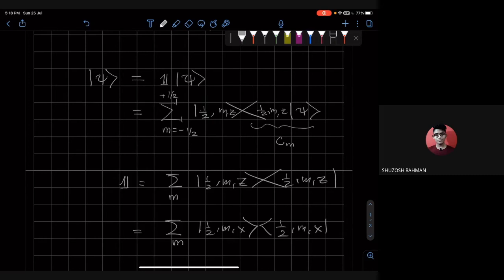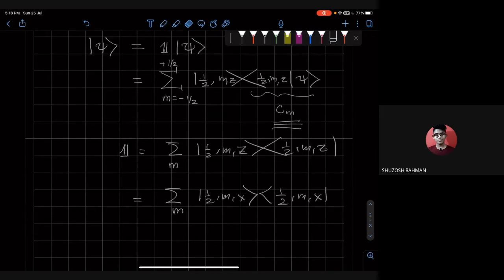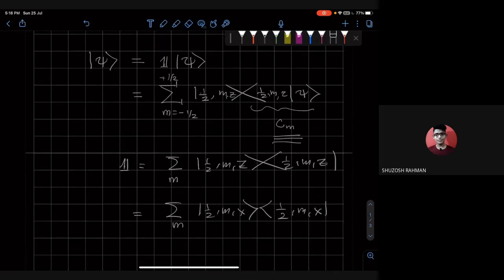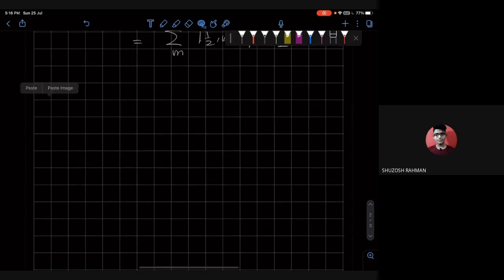Now let's see if this is going to be the same under some condition in both bases. So I'm just going to copy this and put it here.